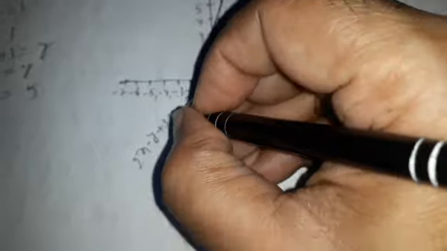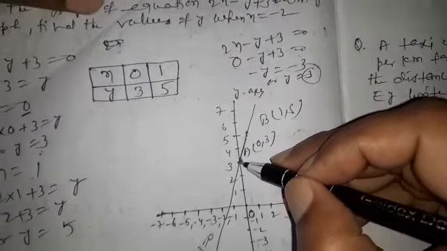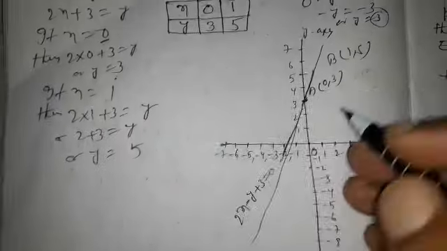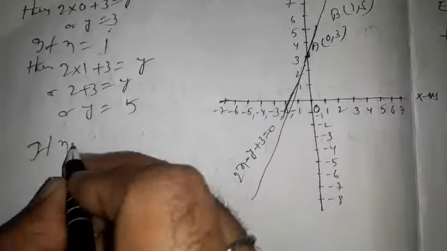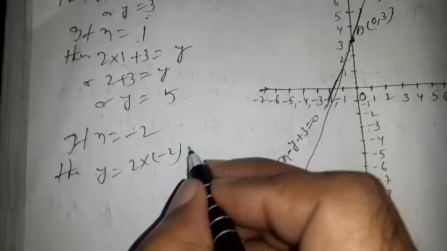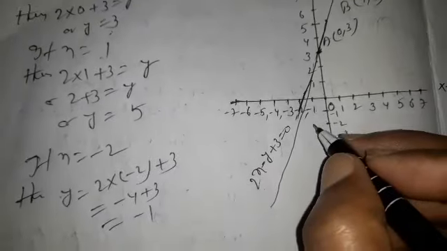This is the graph of the equation 2x minus y plus 3 is equal to 0. Also the values: if x is minus 2, then y is equal to 2 into minus 2 plus 3, minus 4 plus 3, is equal to minus 1.